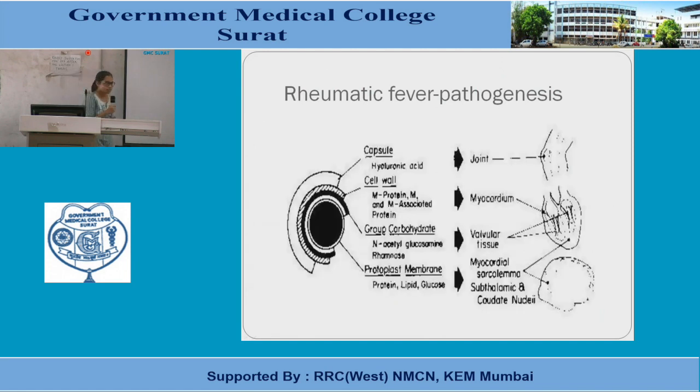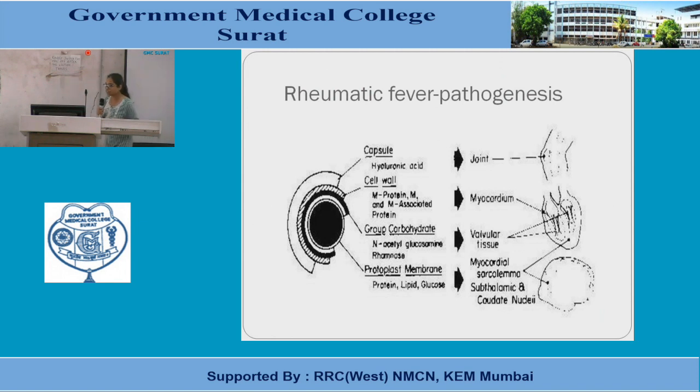Now, we have already seen this. Antibodies are produced against streptococci that cross-react with the human connective tissue. So, which are the human connective tissues which have similar antigenic characteristics as streptococci?